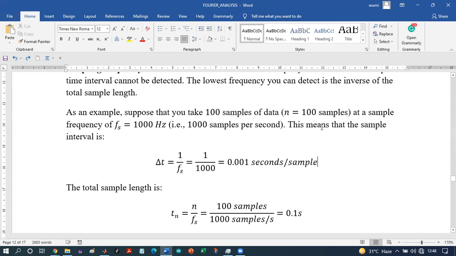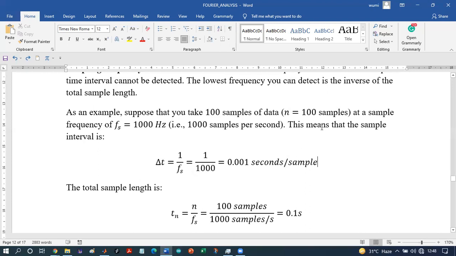If you want to get the sample interval, this is the sampling frequency, and this is the sample interval. The sample interval is in time, and the unit is seconds. So the sample interval is simply the inverse of the sample frequency.